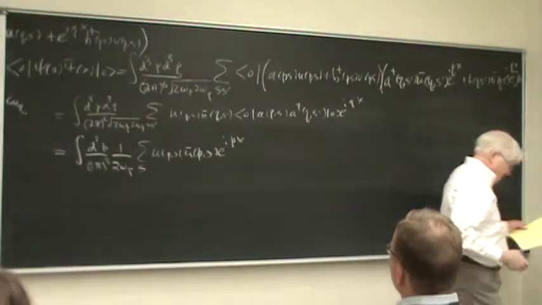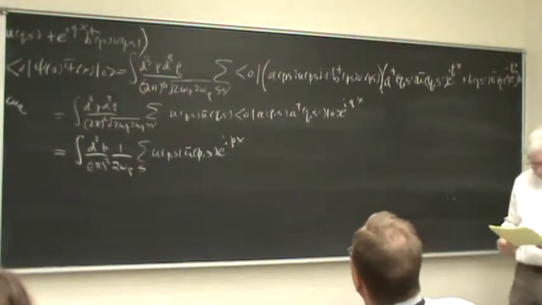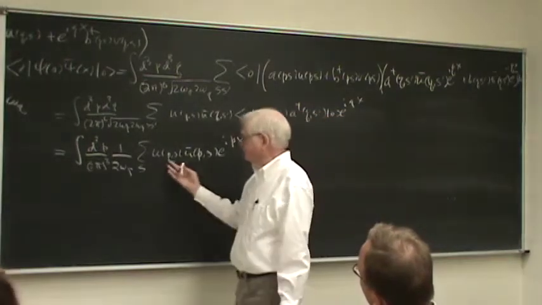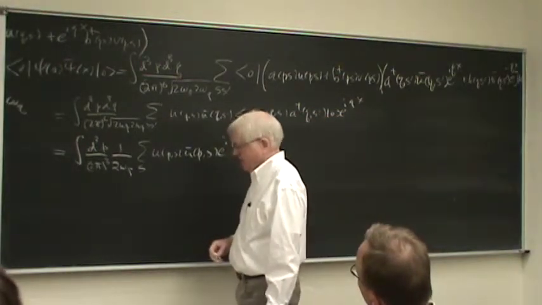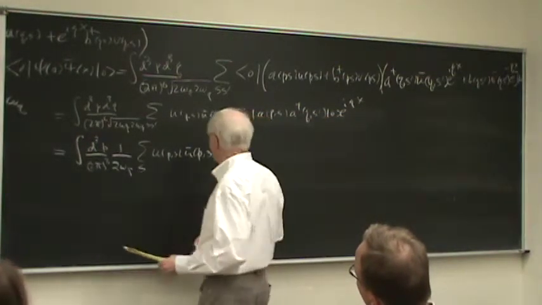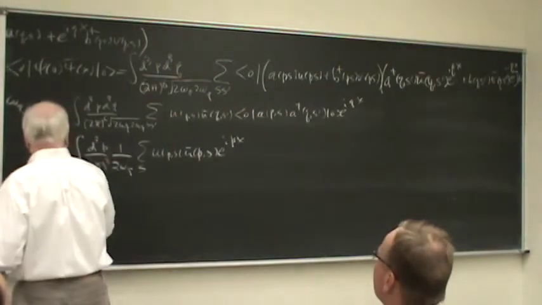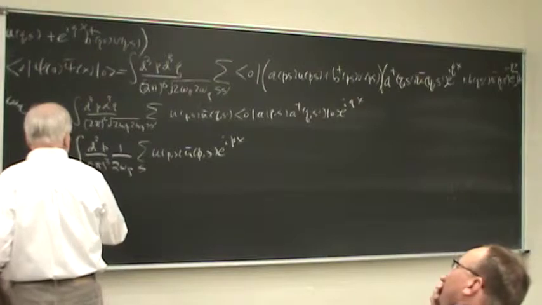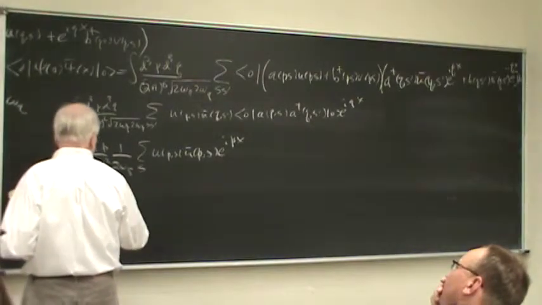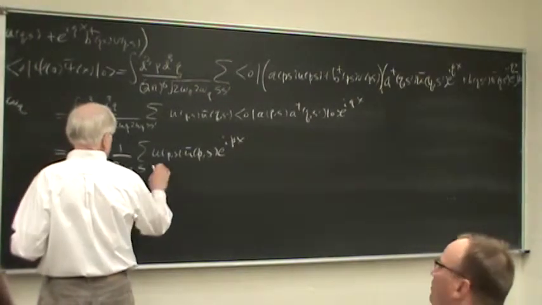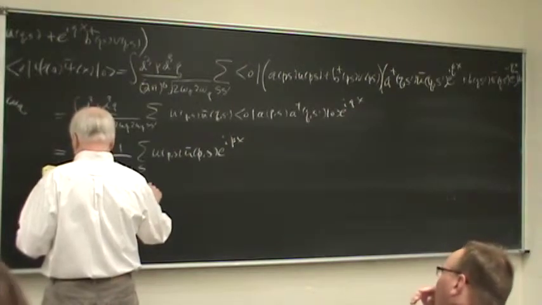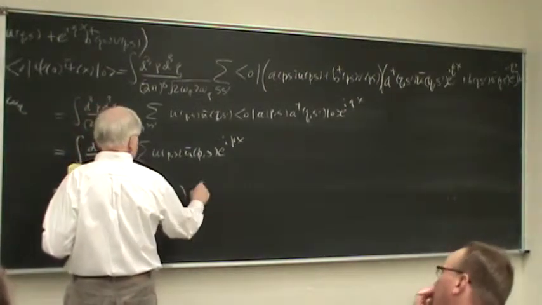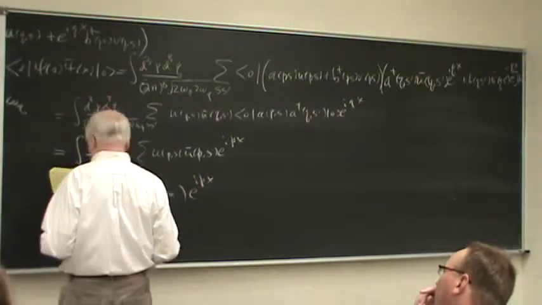And this u u bar, you remember, is that famous sum that I could write down right now. It's d cubed p over 2 pi cubed, 1 over 2 omega p, and this sum over s is p slash plus m, e to the ipx.